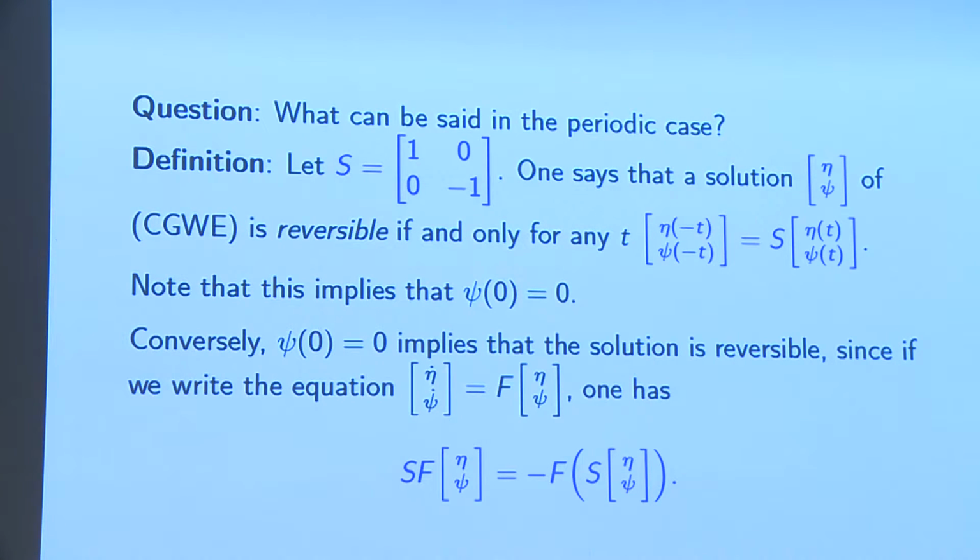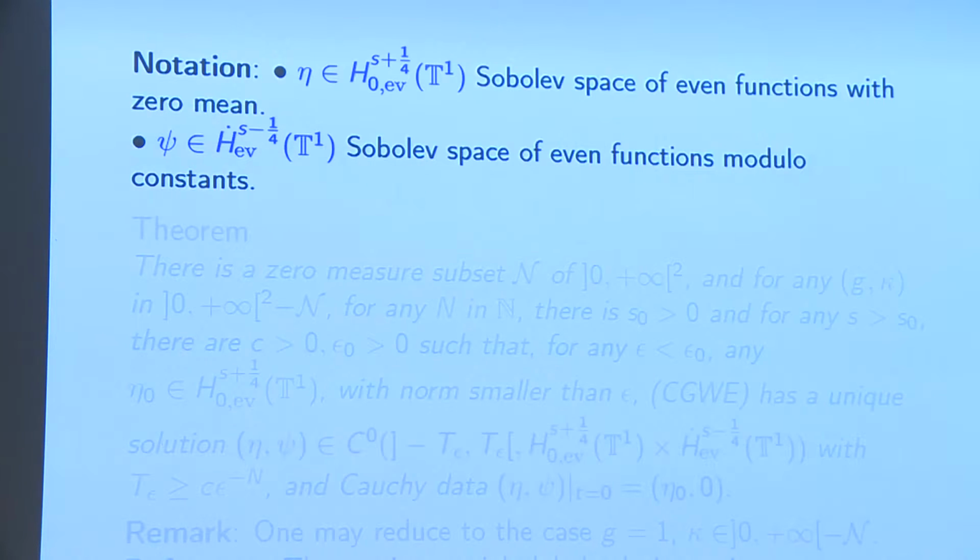And so to state the main theorem, I will use this property of reversibility, and I will use also a couple of notations that I introduce now. So we shall look for the first component, eta, of our solution in a Sobolev space, H^(s+1/4) of T1.